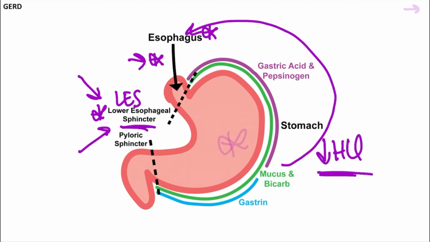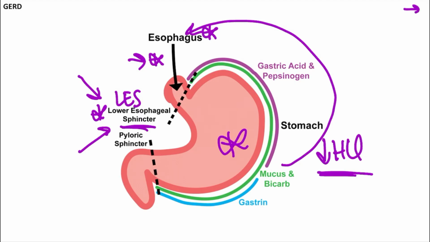And this leads to GERD having much worse complications like Barrett's esophagus or perforation. So unfortunately, we really don't have any agents to improve lower esophageal sphincter tone, but we do have agents to combat this acidic environment in the stomach.